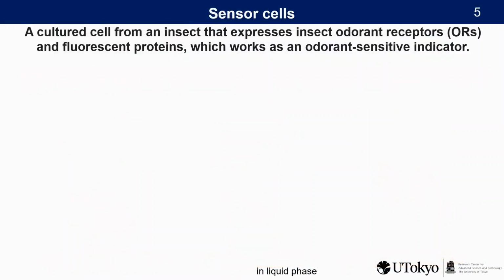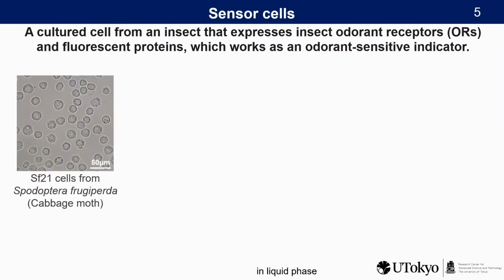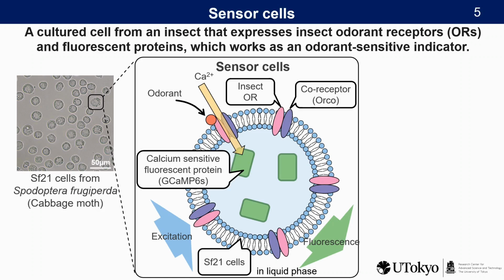To utilize insect olfaction, our group has developed sensor cell technology. The left picture is an image of sensor cells. The cell has an ion channel type insect olfactory receptor and a calcium-sensitive fluorescent protein, which were genetically introduced.